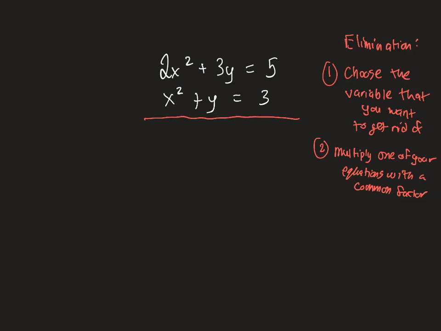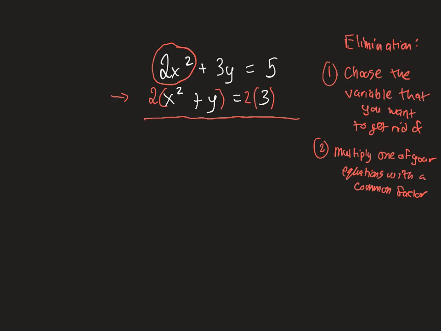So if I'm trying to get rid of the x squared, I want to get rid of 2x squared. How would I get rid of that? Well, you notice here, I have x squared plus y. Well, if I multiplied everything here by 2, which also means I have to multiply everything here by 2, because one side has to be also multiplied by the other, then I would end up having 2x squared here.